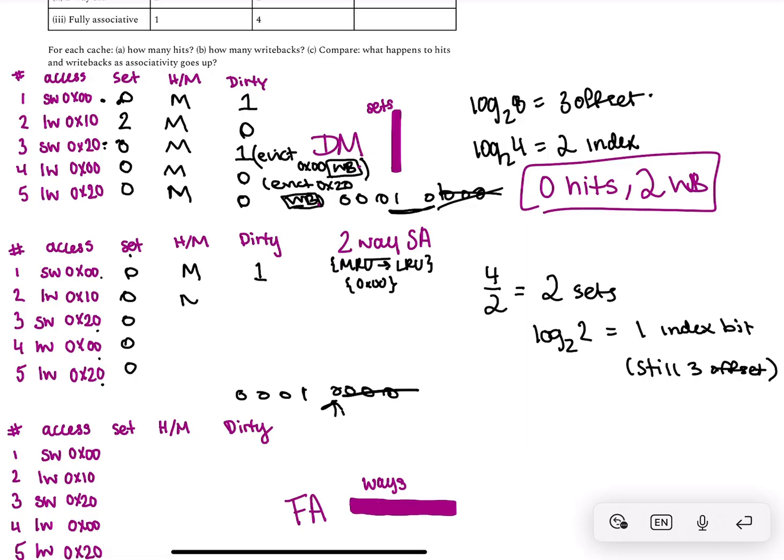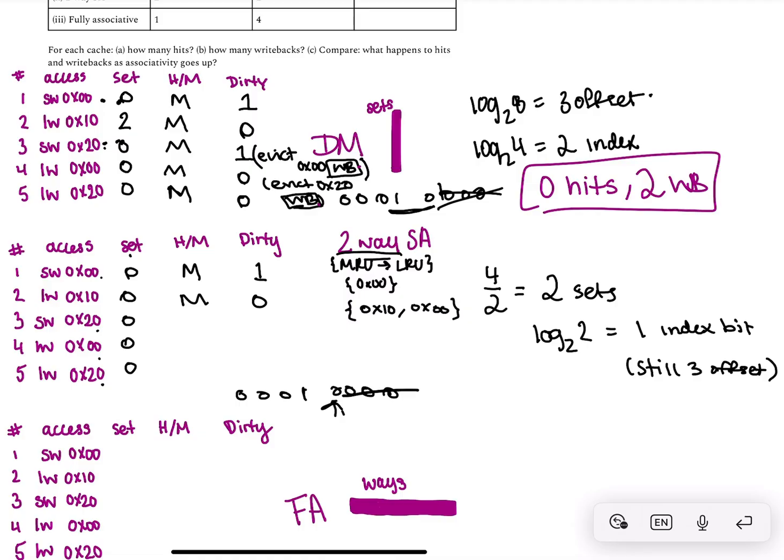For loading this in, it's a miss. It's just a load word, and now we realize that set 0 is full. There's only 2 ways, right? So we have our MRU on the left hand side, LRU goes all the way to the right hand side. So we most recently loaded in 0x10 and least recently stored in 0x00. So that's what our little array looks like there.